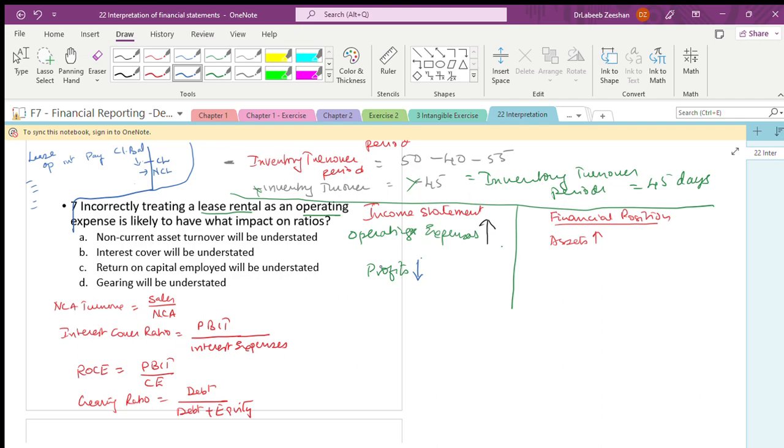Now, when we have incorrectly treated the lease rental as an operating expense, how will it have impact on the financial ratio analysis? Which ratios have they given us? Is it right?